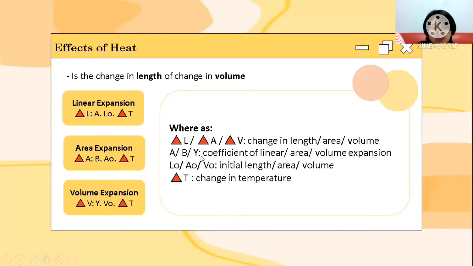This one would be provided during the test, so don't fret about it, or it would be given in the question itself. Now, L0, A0, or V0 is the initial length or the area or the volume. Delta T is just the change in temperature, which is final temperature minus the initial temperature.